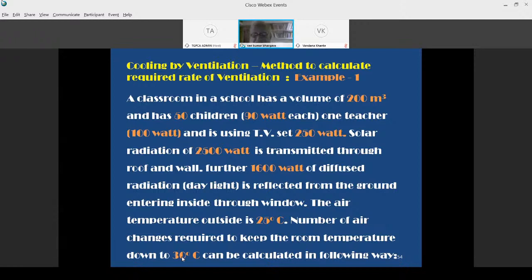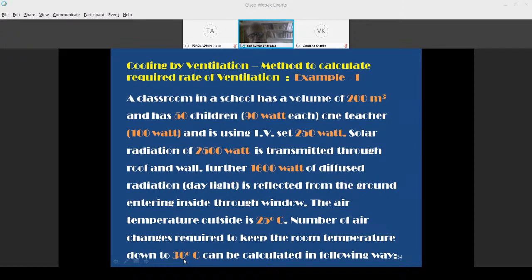Earlier, the outside temperature was 25 degrees, and the inside temperature is 30 degrees. So the sum of all this heat gain is responsible for this 5 degree increase in temperature. Our aim should be to remove this 5 degrees so that the internal temperature is also comfortable. So friend, the rate of ventilation can be calculated with the following method.